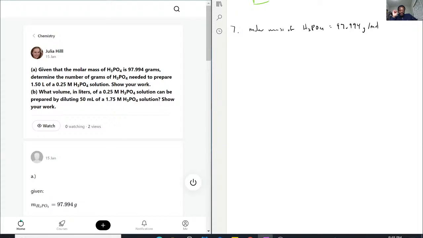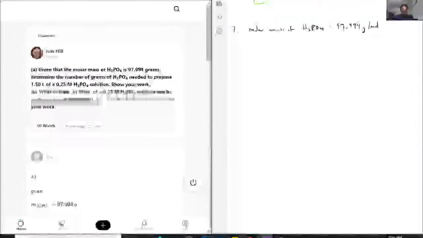Don't do that. Determine the number of grams of H3PO4 needed to prepare 1.5 liters of a 0.25 molarity H3PO4 solution. And they want us to show our work as well.